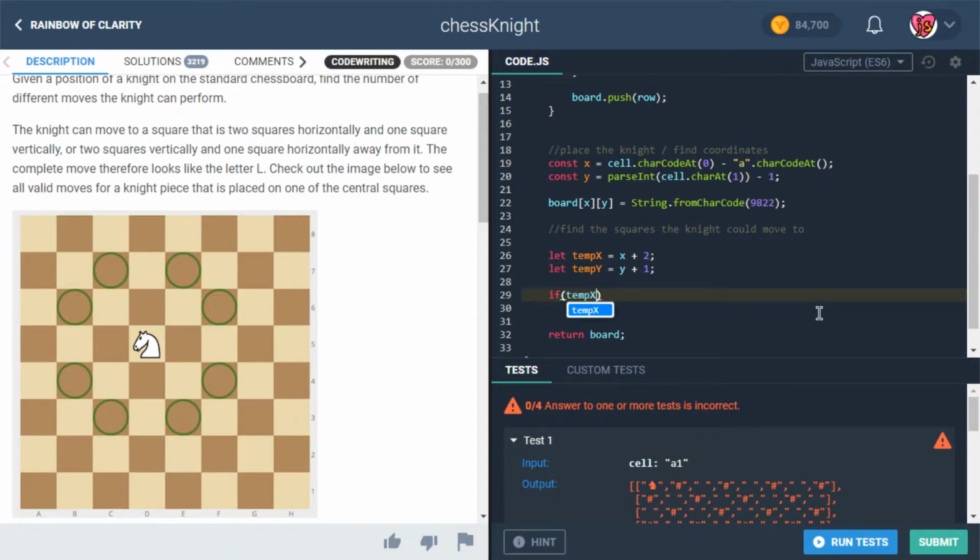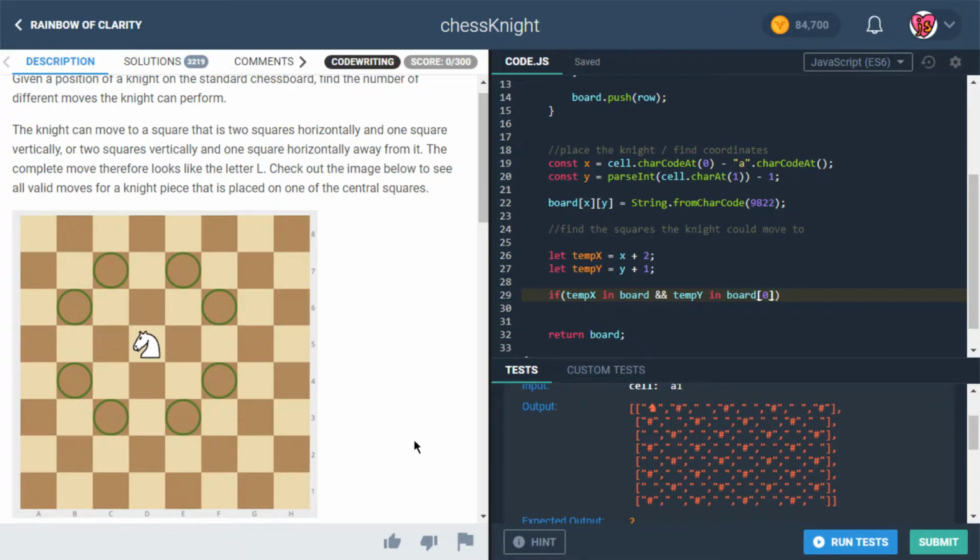We could just say temp x in board, and temp y in board at 0. Why board at 0? Well, technically it wouldn't make much of a difference here because they're the same dimensions, right? They're both 8. They both have a length of 8. You go from 0 to 8. But just in case this wasn't a square board, in case instead of being 8 by 8, what if it was like 10 by 19 or something like that?